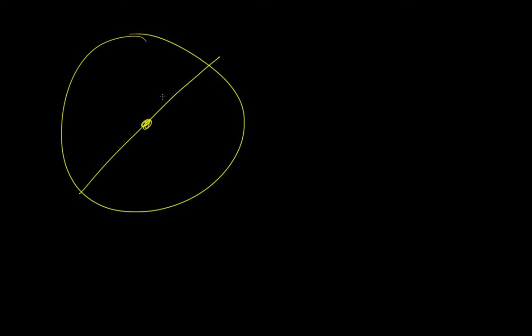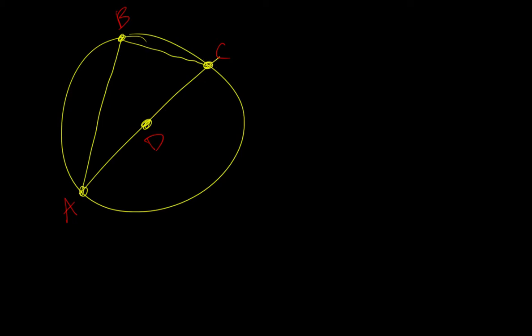Now, moving on to the next type of problem, this time we have a diameter. And remember, this really is just an extension of the previous theorem that we used. So we're given that this is called C, this is called B, this is A, we'll call that D. And it's told to us that CD equals BD.